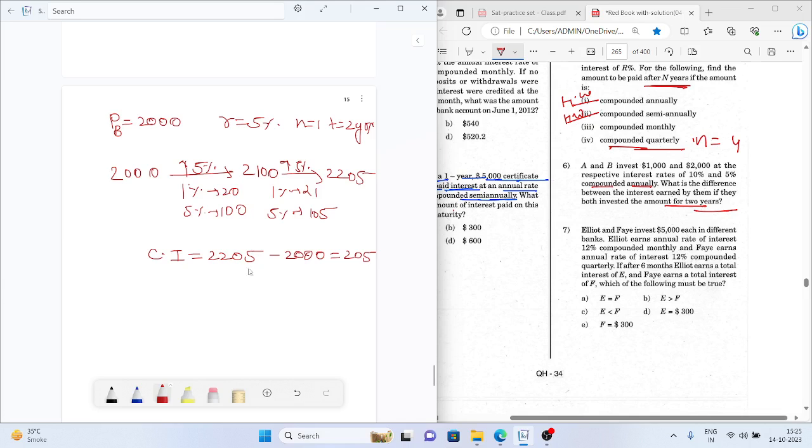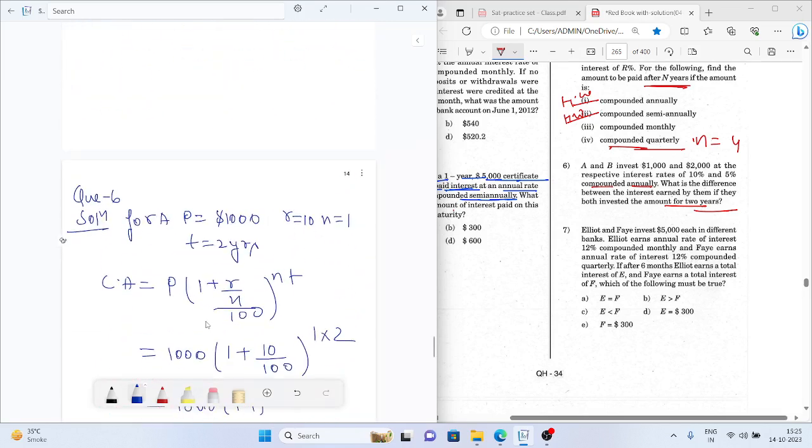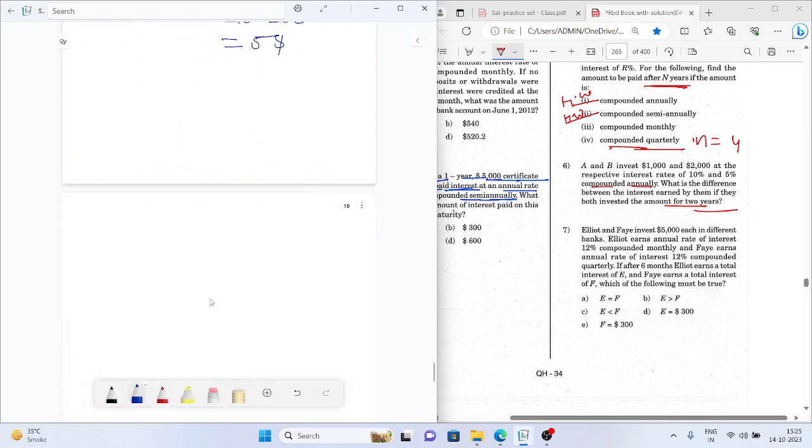So the difference between the interest is 210 minus 205, which is 5. The answer is $5. So note this down, then we move to one question on simple interest.